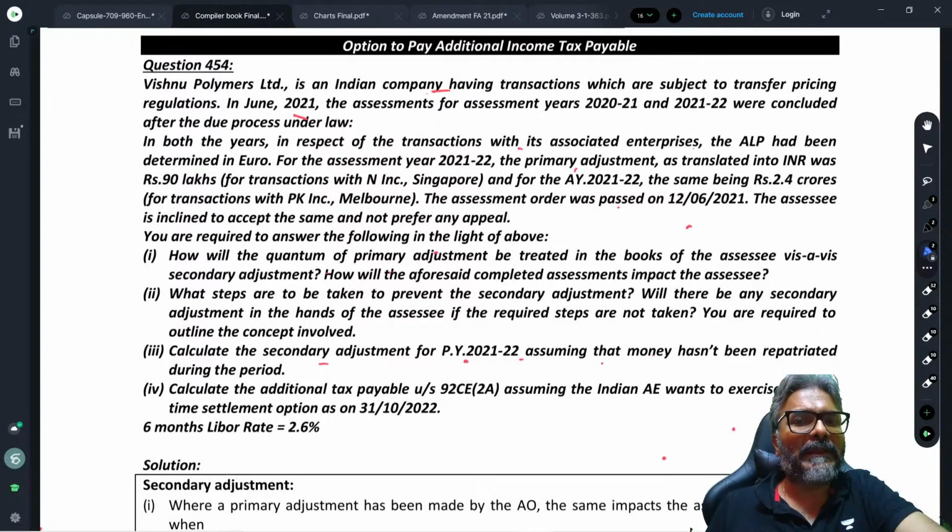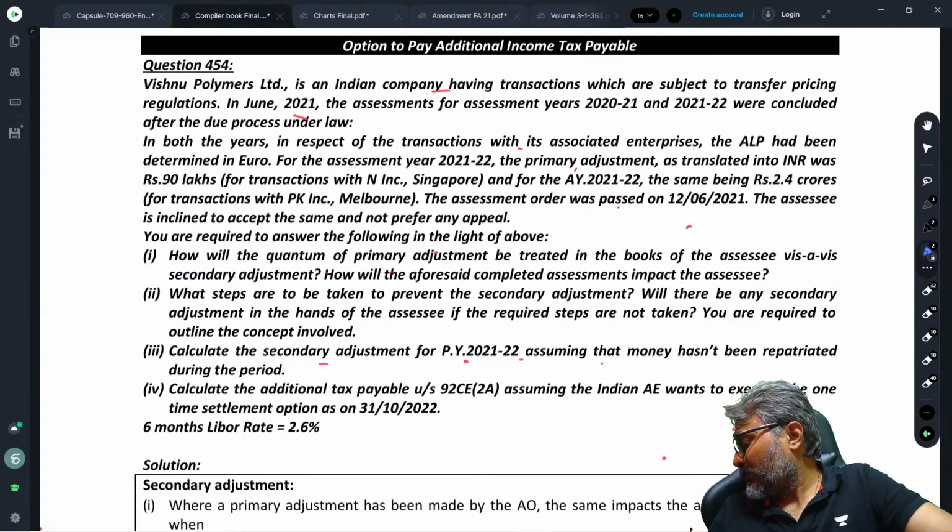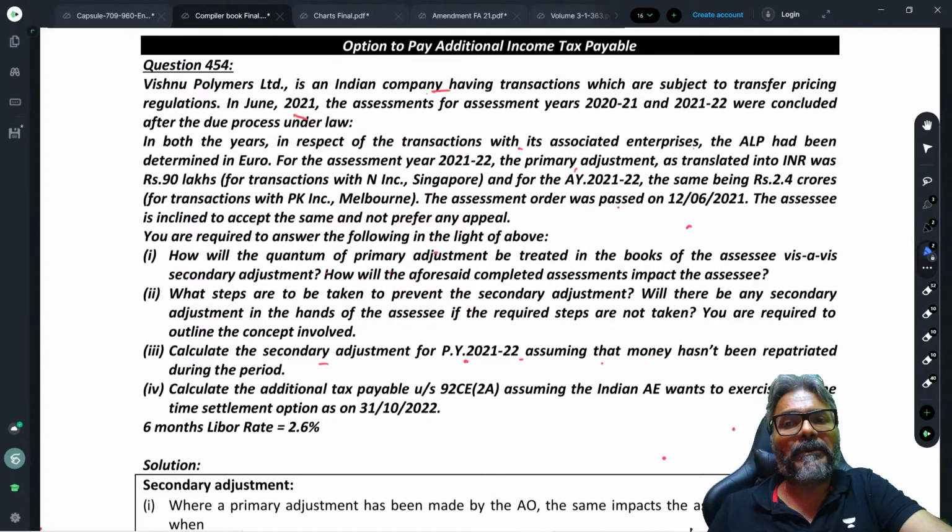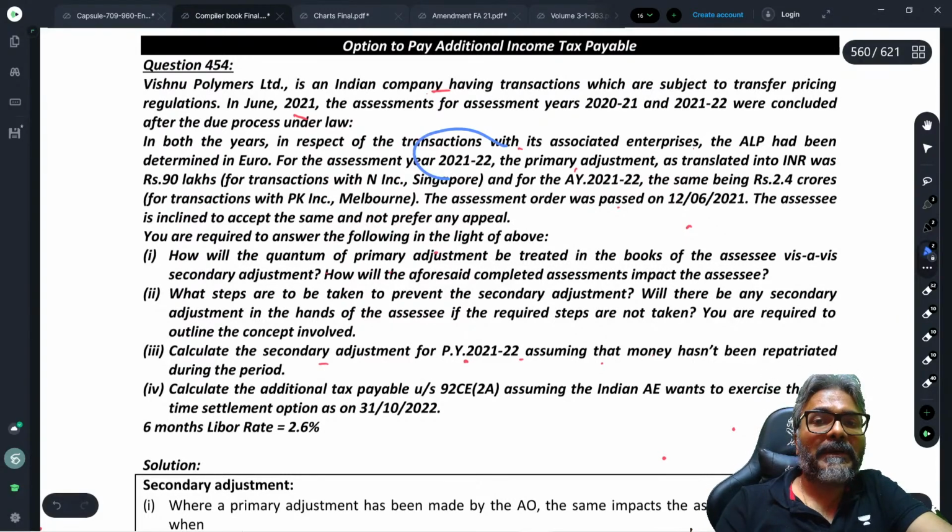Now you tell me, students, one thing. Whether for assessment year 20-21, will there be any secondary adjustment that will be required to be done?